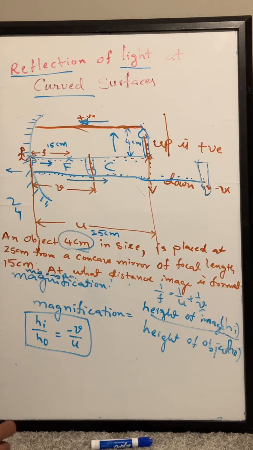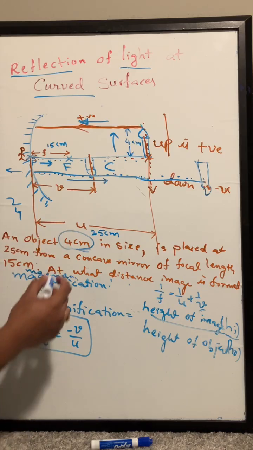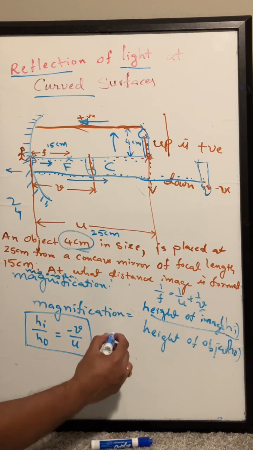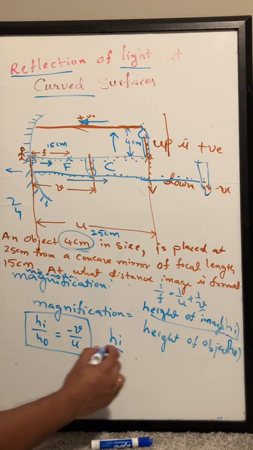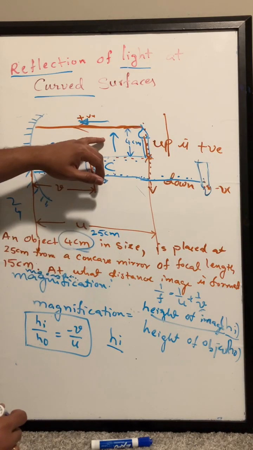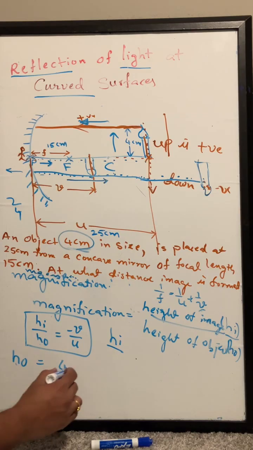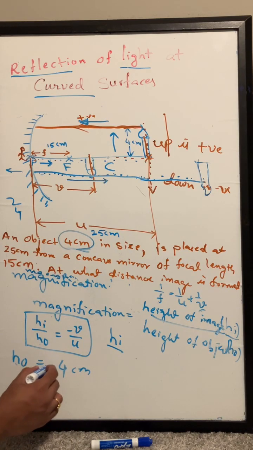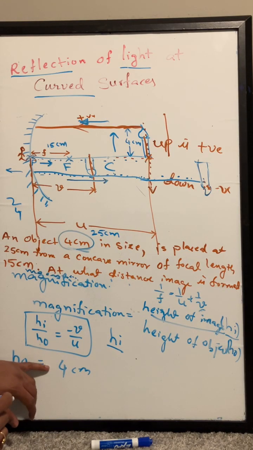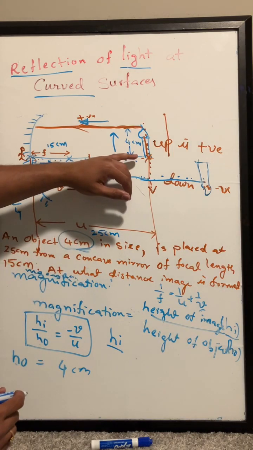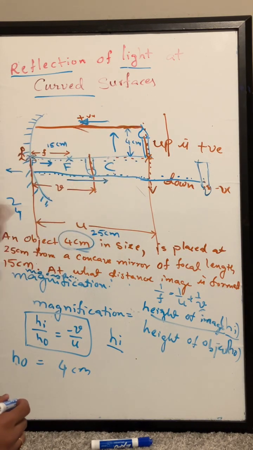If we do this one, we need to determine the height of the image and the height of the object. It is 4, HO equal to 4. Always leave a gap in front of 4 to put a sign. We are going from the principal axis upwards, so it is positive.